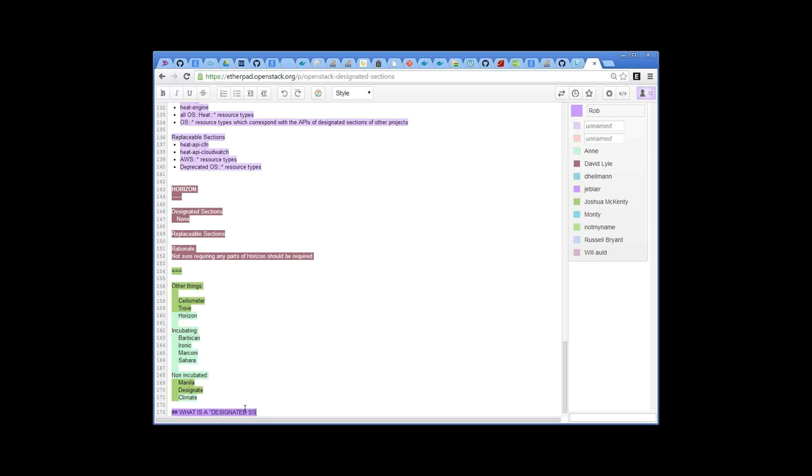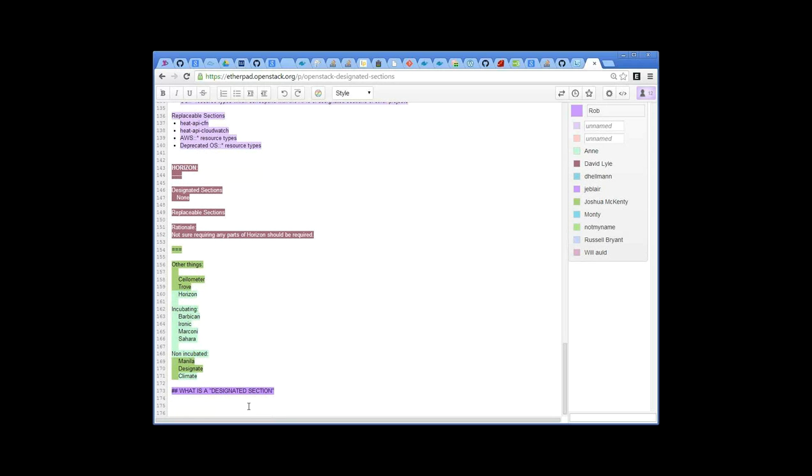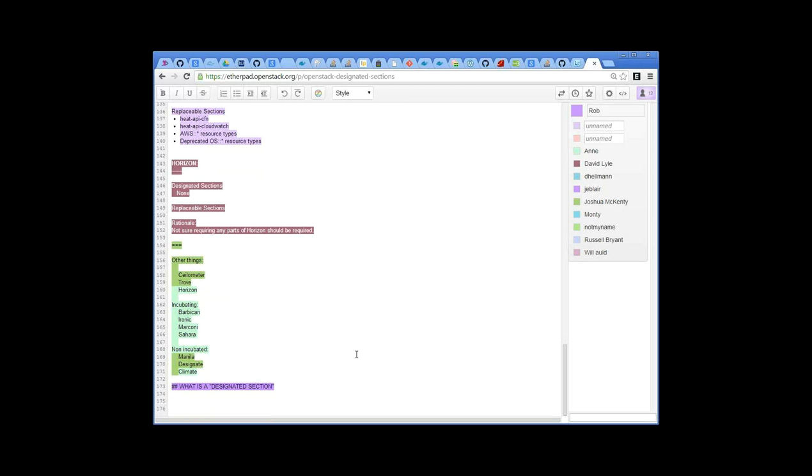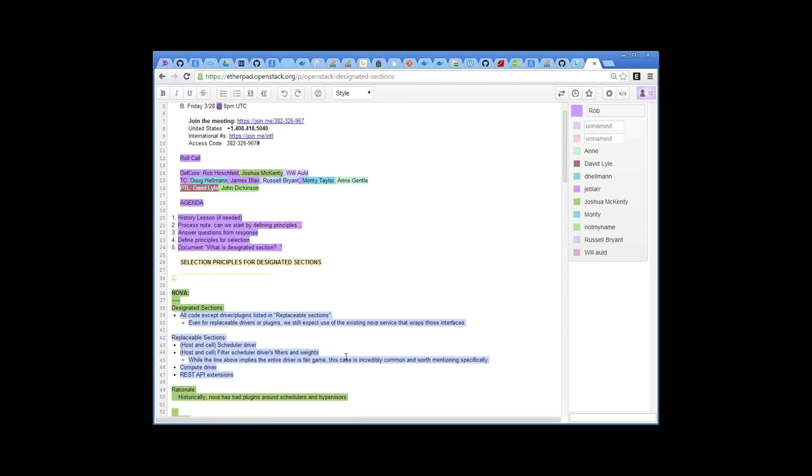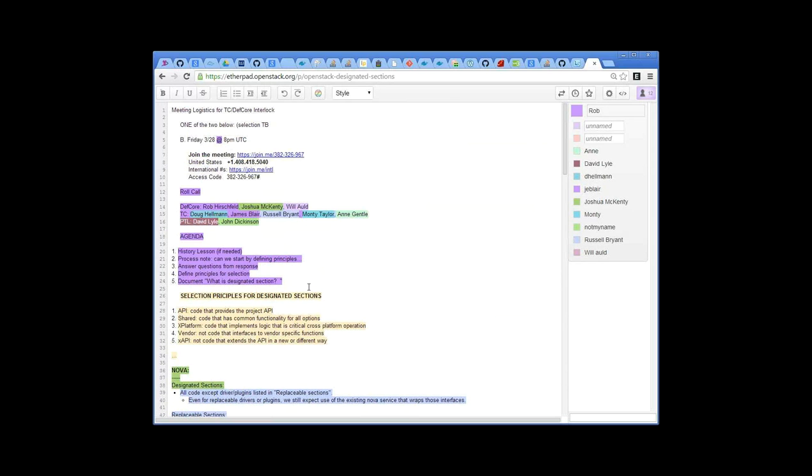And if you find a need to answer that question during this meeting, go ahead and get a running start on this, because I think that would be useful. That would be another great thing to leave this meeting with, is a definition of what a designated section is. So hopefully we'll go through that.